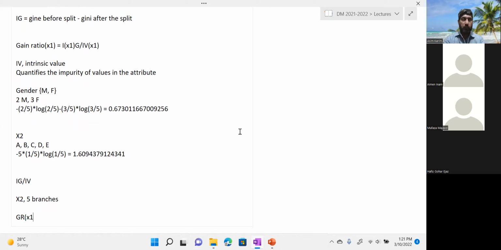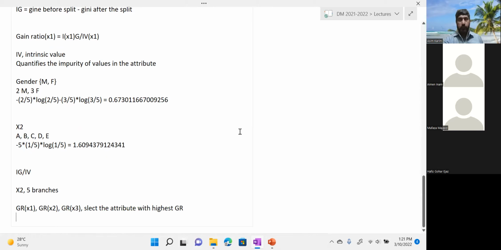So you have GR for X1, GR for X2, GR for X3. Select the attribute with the highest GR. Okay? And of course, GR is IG over IV.